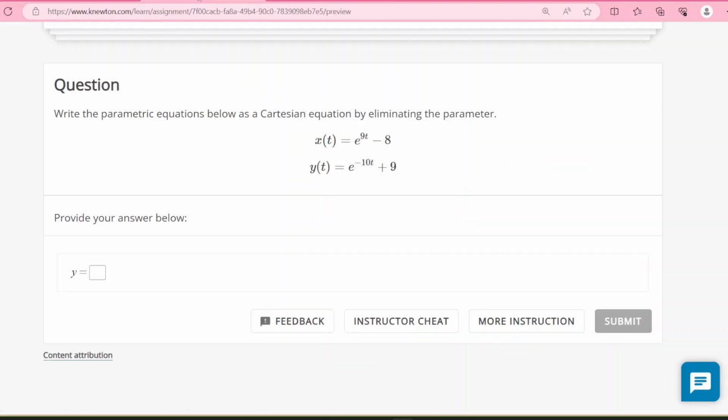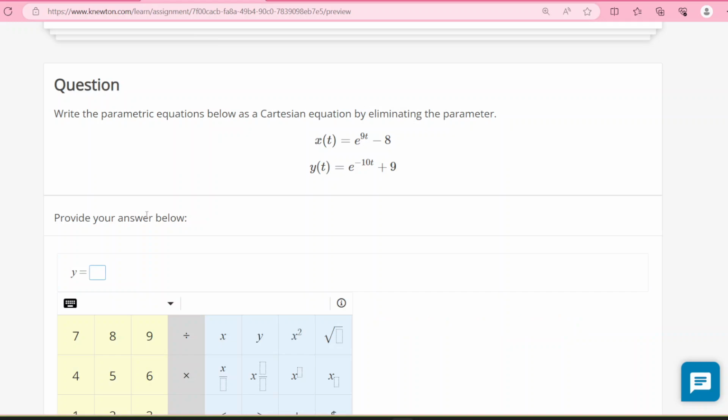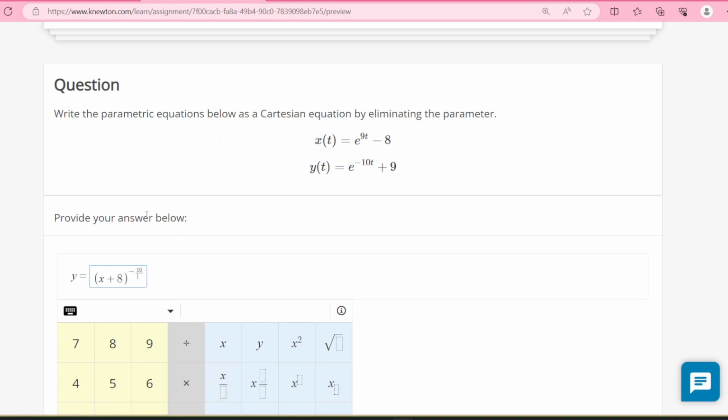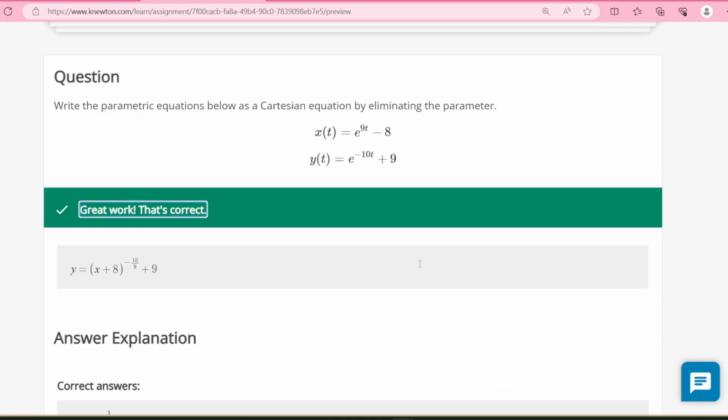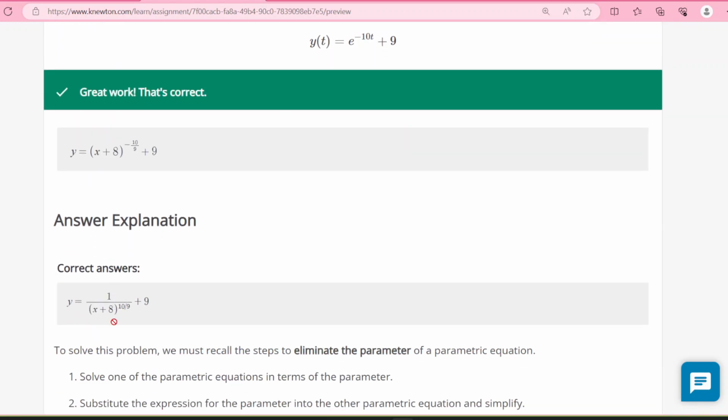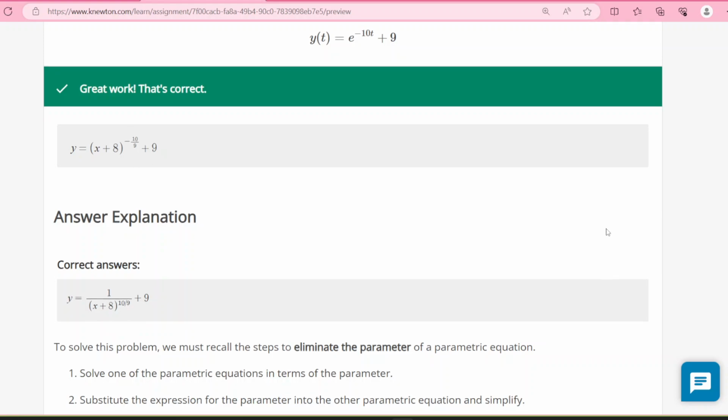So our Cartesian equation matches the curve that's described by the parametric equations, right? So y equals x plus 8 raised to the negative 10 ninths power, and then after that, plus 9. This should be good here. Wonderful. Now they wrote it with the 1 over x plus 8 to the positive 10 ninths, right? Just the reciprocal of the negative power, but it's still the same thing.